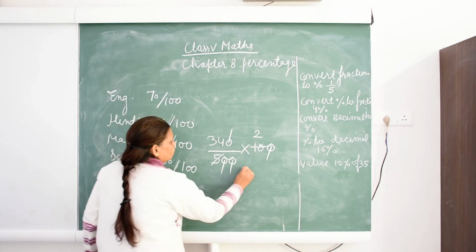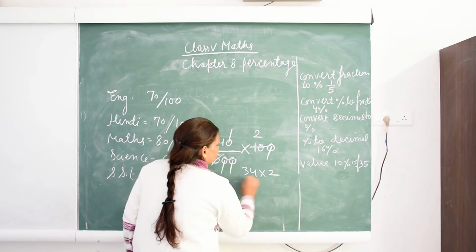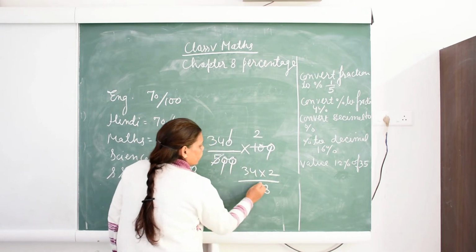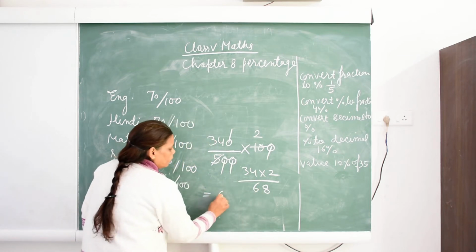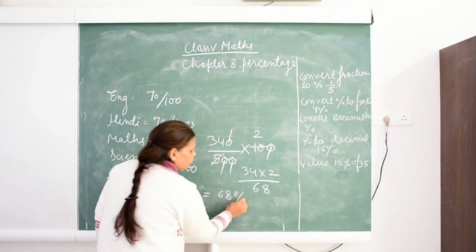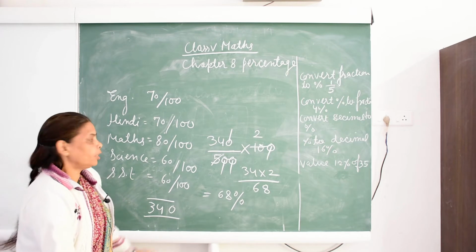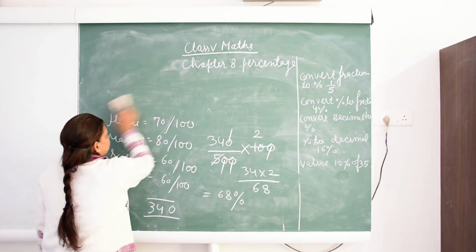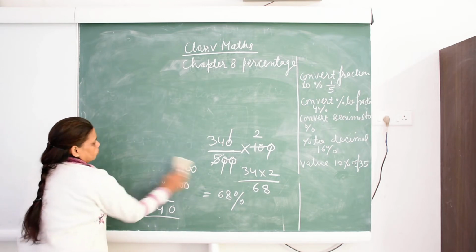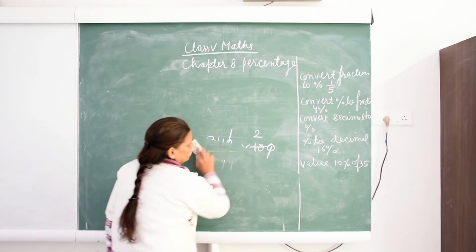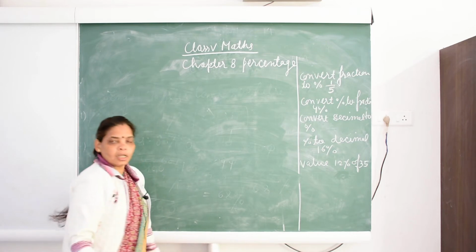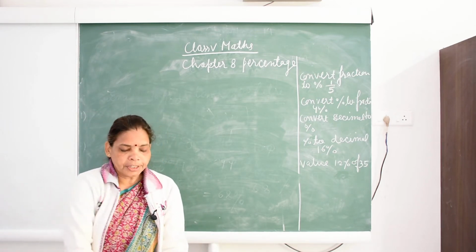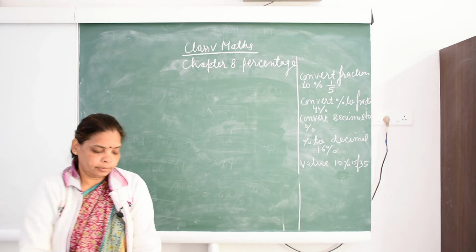Again you multiply 34 by 2. So 2 fours are 8 and 2 threes are 6. So you are getting 68% marks. I hope that you understand the concept about percentage. Percentage means out of 100. You have to say the quantity or marks out of 100.